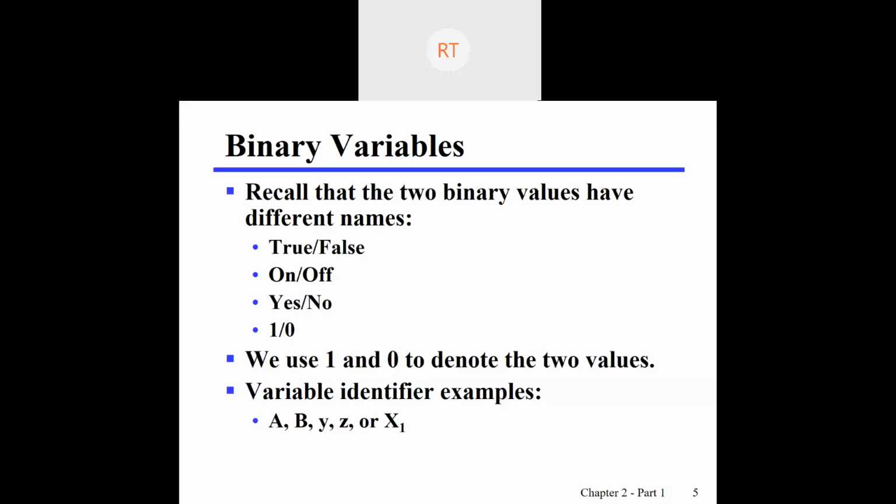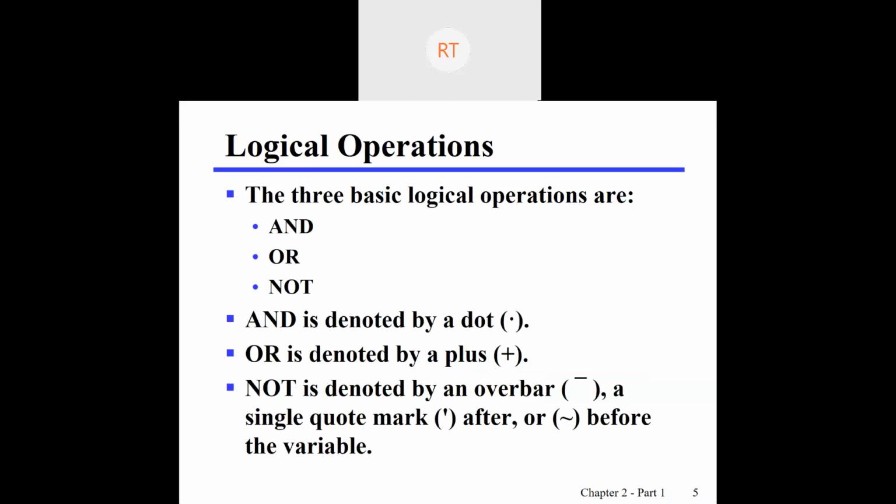Okay. Variable identifiers could be A, B, X, Y, Z, maybe X1, X2, X3. They are names that you give to your variables. What are the three logic operations? You have AND, OR, and NOT. We denote the AND by a dot. The OR is denoted by a plus.